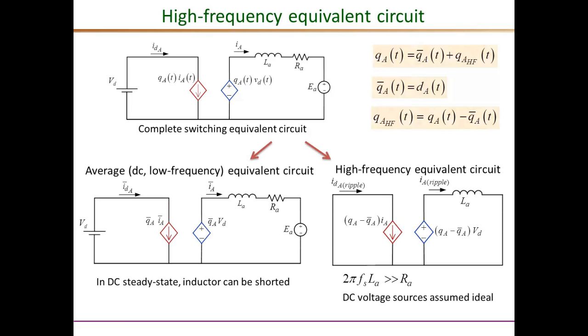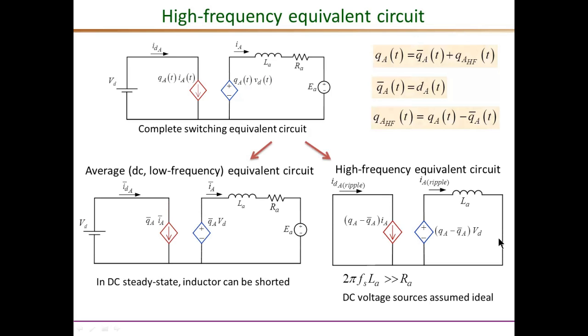The second one is that, this being a high frequency circuit, the DC source VD, which has no high frequency component, is considered a short circuit here. Also E sub A is a DC voltage source with zero high frequency voltage content, therefore that is also a short circuit.